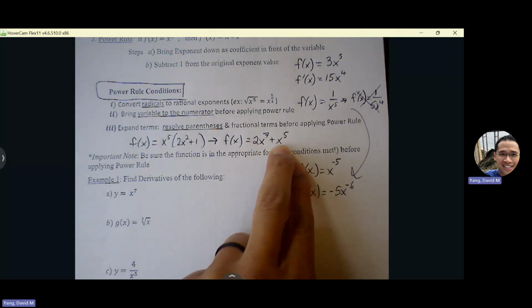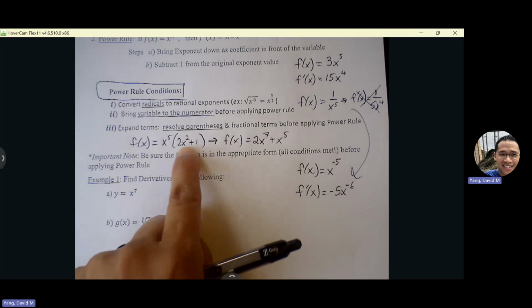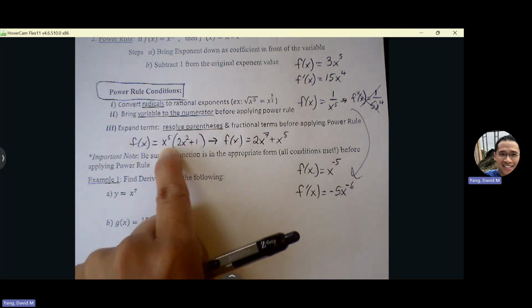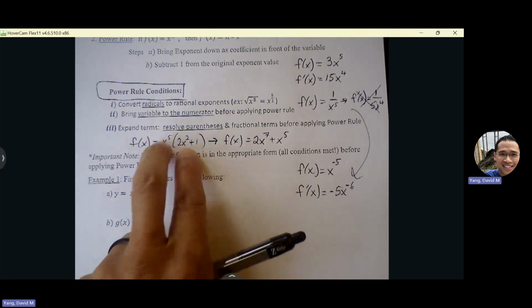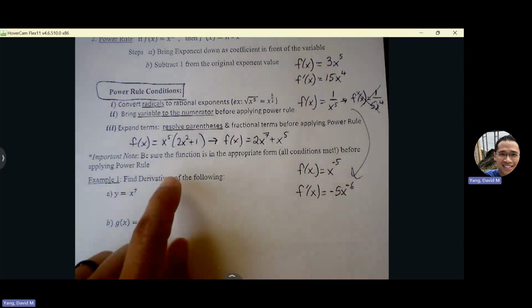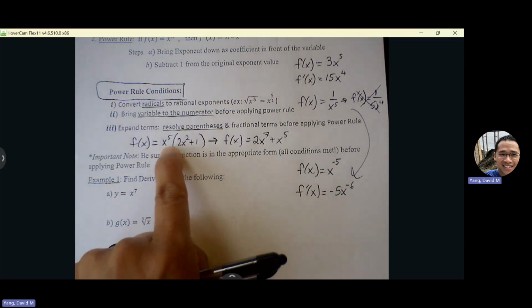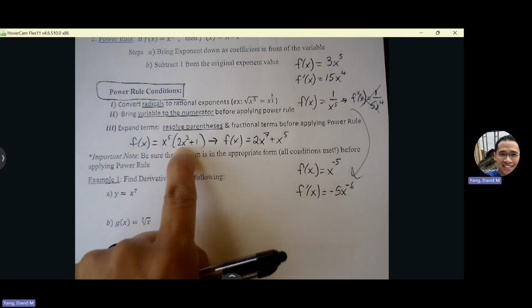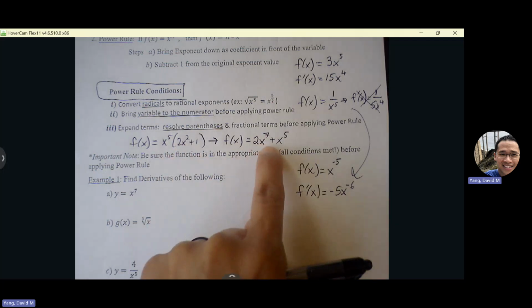But sometimes there are times when we are not able to resolve the parentheses and we're stuck with the form that we're dealt with. If that's the case, then we'll talk about things like chain rule and product rule that we're going to see in future problems. But for now, if you're able to expand, then you want to go ahead and expand.